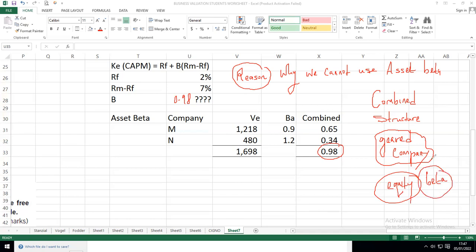Equity beta. Have you followed why we need to regear? Let's hope now we have fully followed, and that's the whole idea of doing these questions, so that you master these steps.